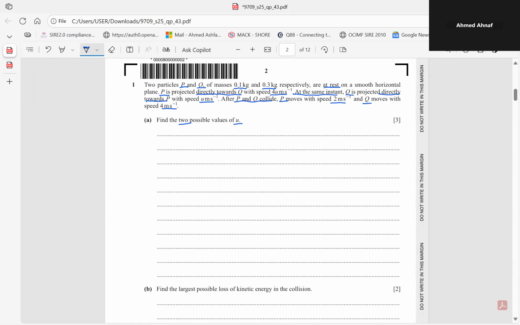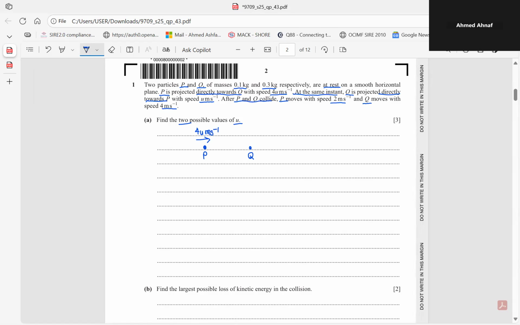Let's draw the scenario they're describing first. At first, we have particles P and Q, and particle P is projected towards Q with speed 4u meters per second.